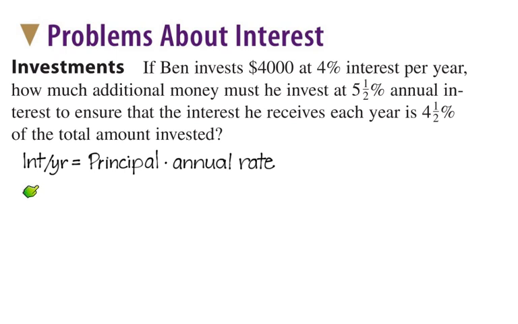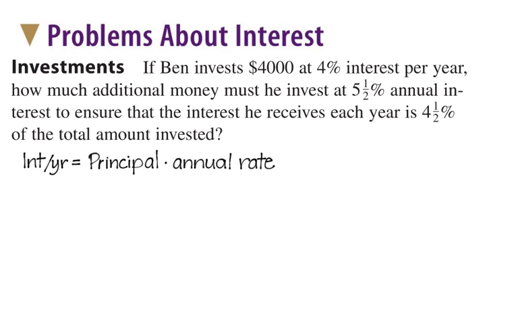We need to understand the concept that the interest that you would have gotten over the course of a year, just the interest amount, would be the principal, the amount you invested, times its annual rate. So if we just had this one account, we would take $4,000 and multiply by 4%, and that would give us how much interest we made in 1 year in this one account. In the second account, we don't know how much Ben is investing, so I'd say x, and we'd do that x amount times 5.5%, and that would tell me how much interest Ben earned in the second account.